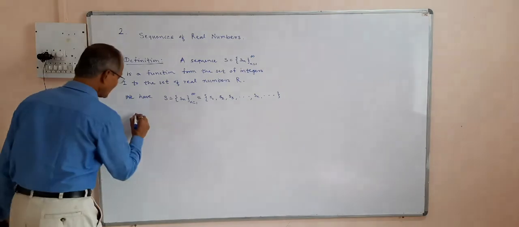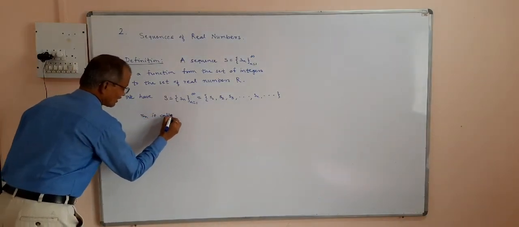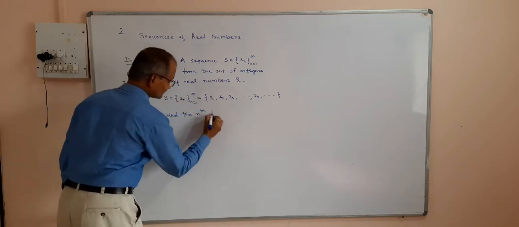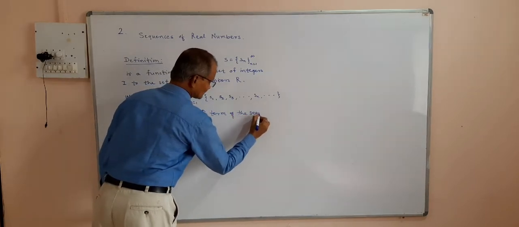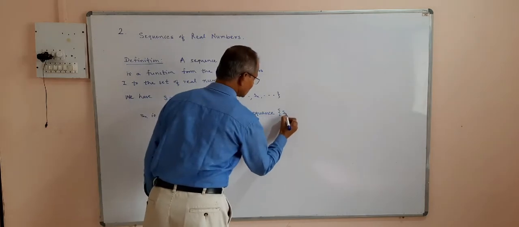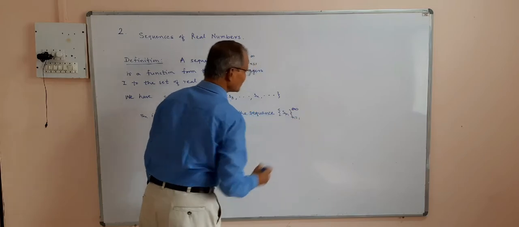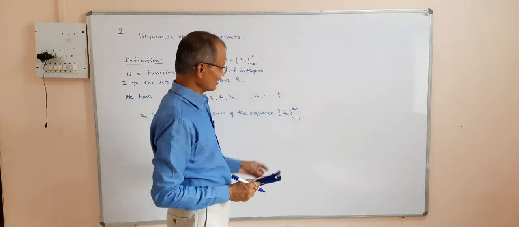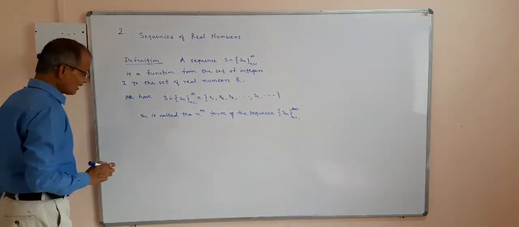So Sn is called the nth term of the sequence. A sequence can also be denoted by another notation, say Si, i takes values 1 to infinity, Sm, m takes values 1 to infinity, etc.